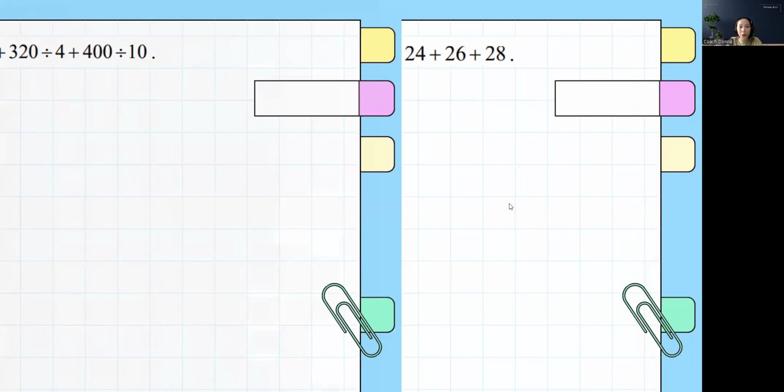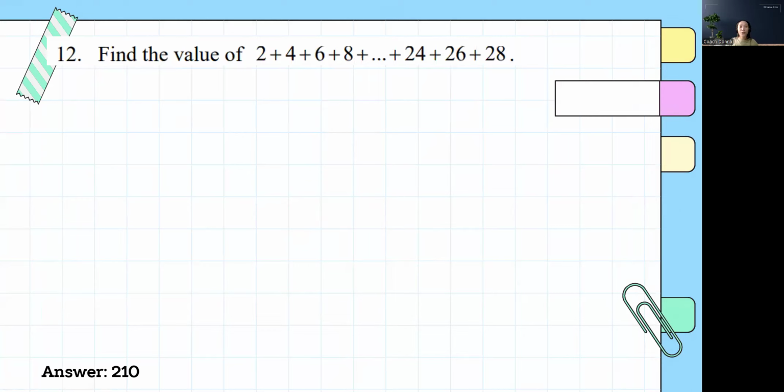All right, number 12. We have find the value of 2 plus 4 plus 6 plus 8 and so forth until we have plus 24 plus 26 plus 28. Just like earlier, we're going to add this one and the last one.